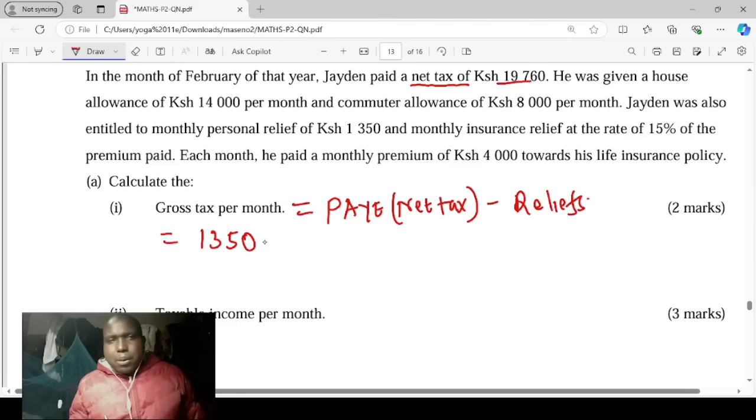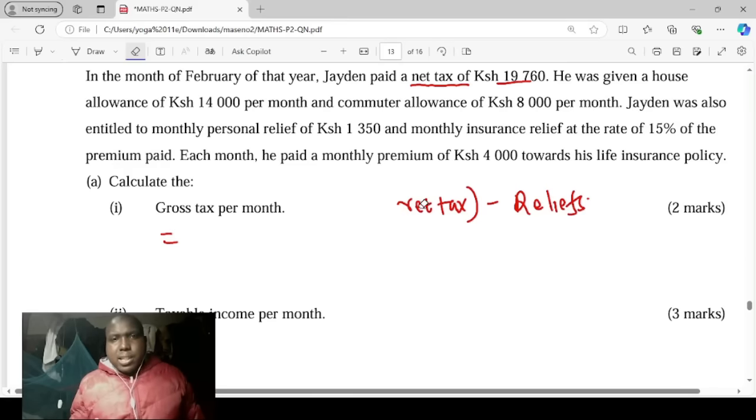To get the gross tax, we are going to add. Okay, let me. I think I made a mistake here.